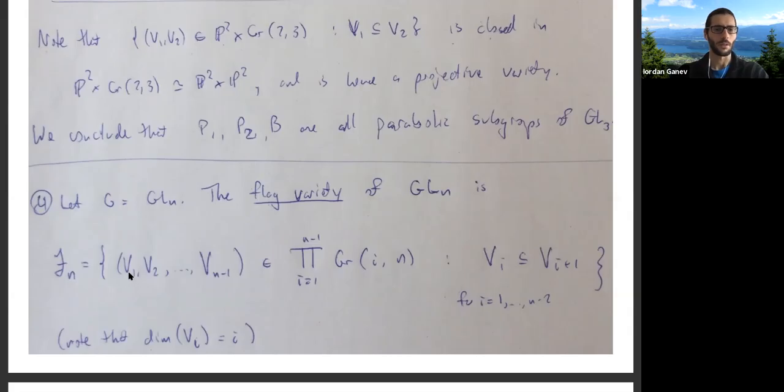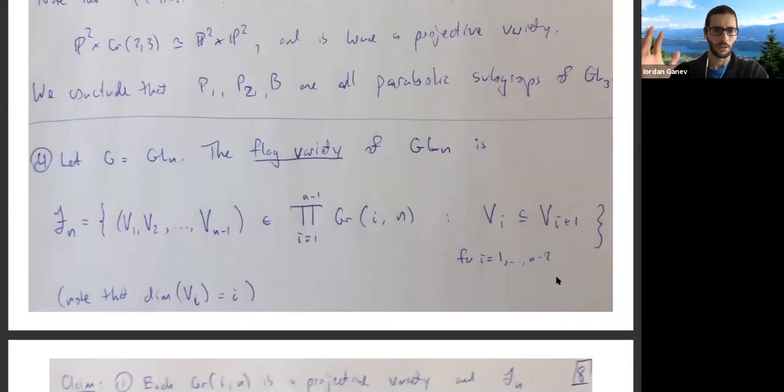It's a line, a two plane, a three plane, all the way up to an (n-1)-plane, a hyperplane. To define the flag variety, we need the condition that V_i is contained in V_{i+1}. So we have a line contained in a plane, the plane contained in a three plane, the three plane contained in a four plane, and so on. We keep track of all this information, and that's the flag variety.